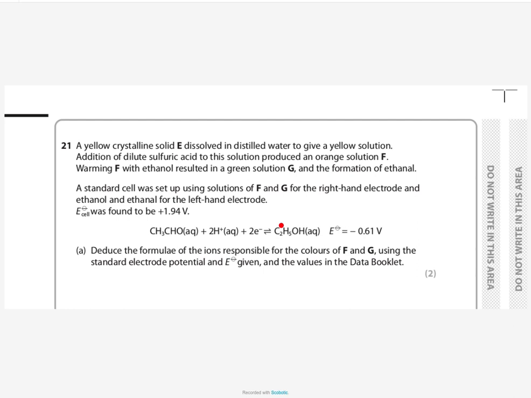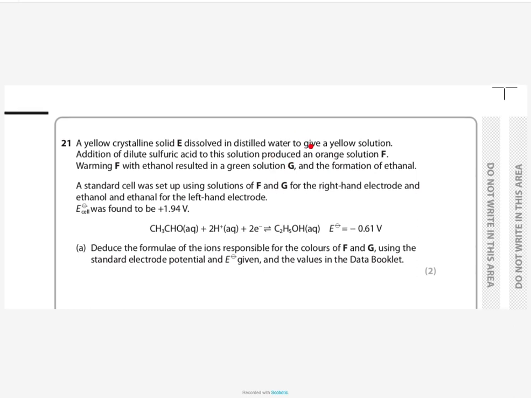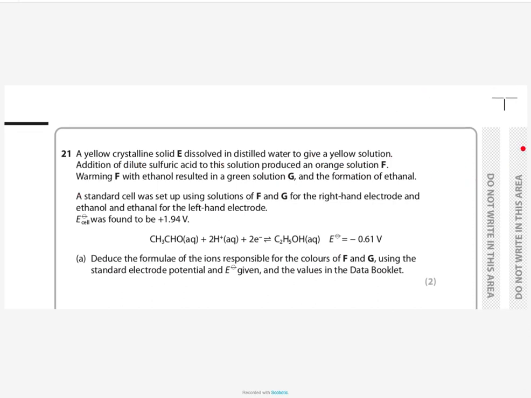This is oxidation, right? Orange solution, yellow solution. When ethanol goes to ethanal, we know there is an oxidizing agent involved. Ethanol is oxidized. The green solution, we know, is Cr3+, and the orange solution should be dichromate.